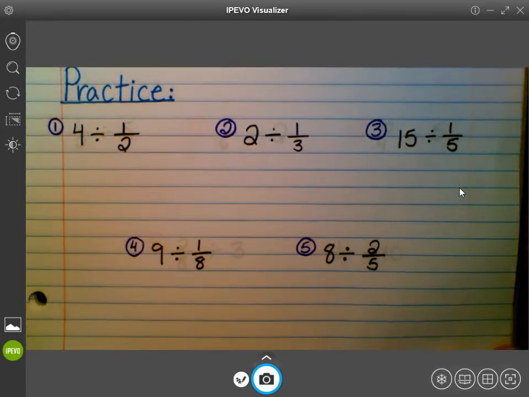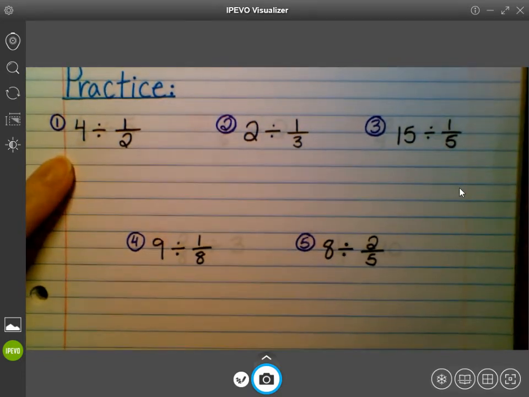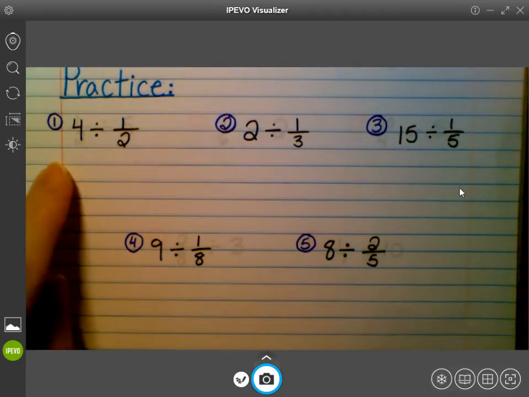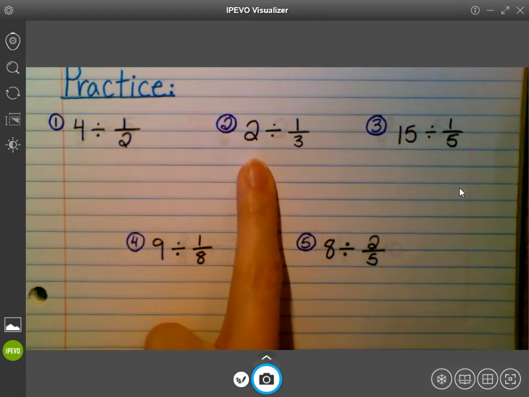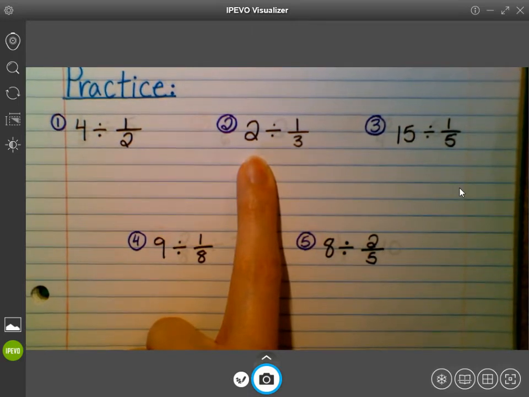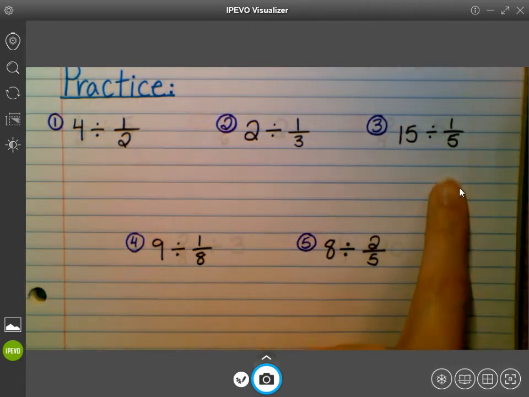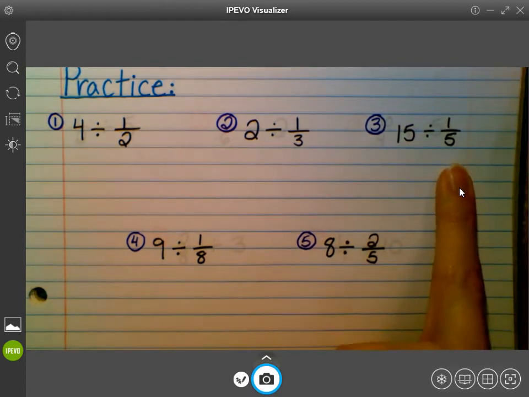The first one says 4 divided by 1/2. The second one is 2 divided by 1/3. The third one is 15 divided by 1/5.